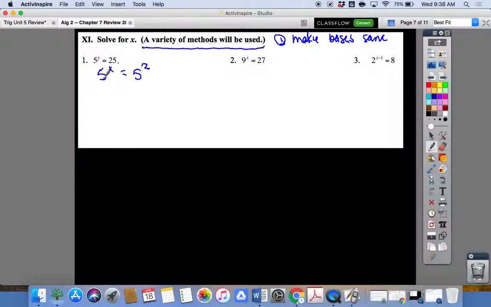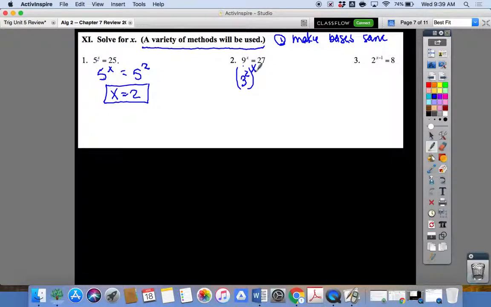Now my bases are the same, so I can set my exponents equal. That gives me x all by itself. I'm done. Okay, on number 2, I cannot write 27 as 9 to some power, but I can take both of these numbers, both 9 and 27, and rewrite them as 3 to some power. So I'm going to do 3 squared for 9.